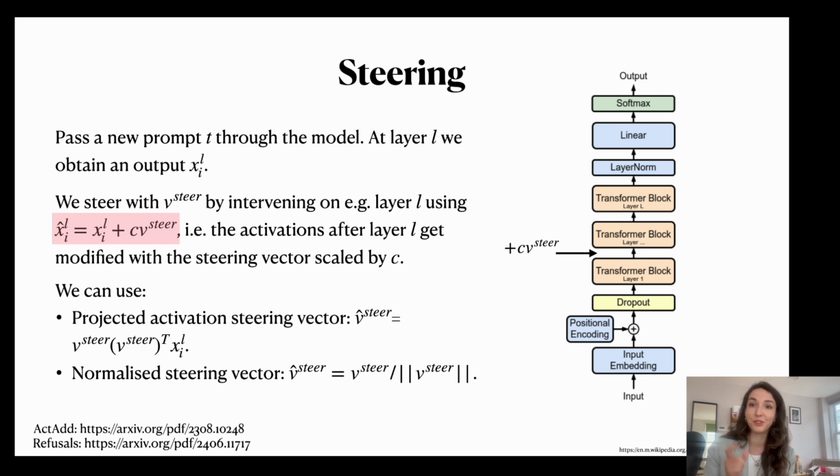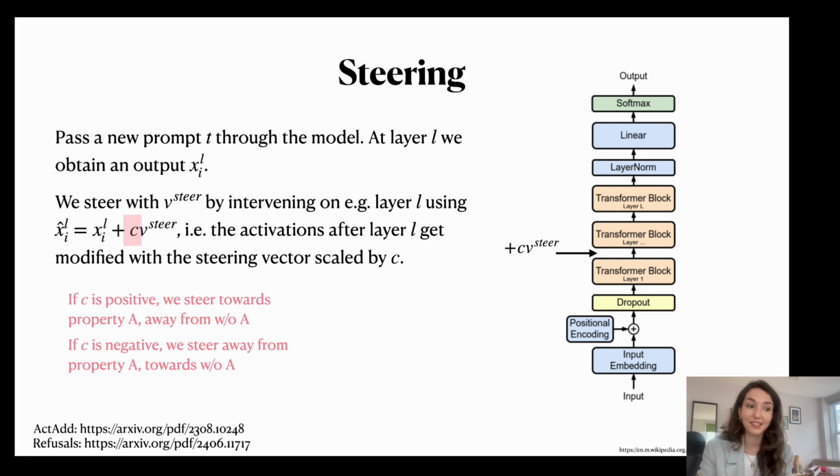We can either use the raw steering vector, so literally just use this difference of our activations. But we can also do some other manipulations with the steering vector. For example, we could use the projected steering vector, which means that we would project it onto the activations from the layer on which we're going to intervene. And this might result in a little bit more delicate and more accurate steering. Or we could also normalize the steering vector by dividing by its norm.